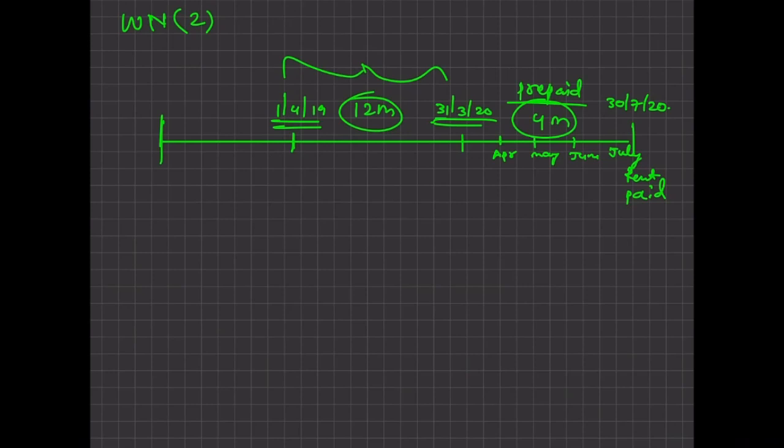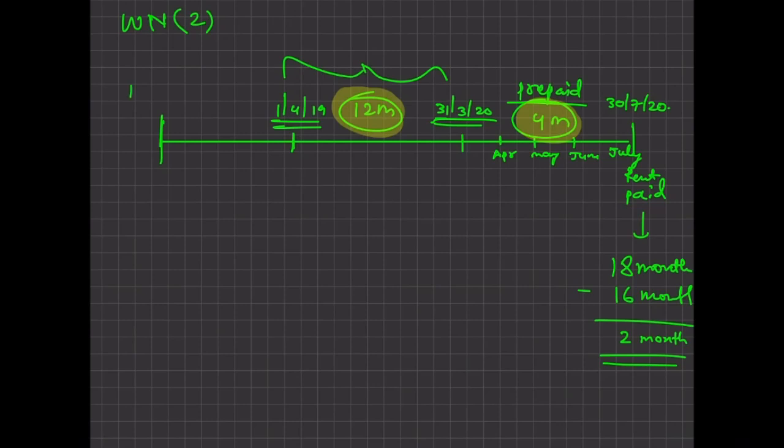And rent is paid for how many months? For 18 months. So how many months are left? 16 months are gone. Sir, how did you calculate 16? 12 from the current year period, 4 from the next year period. So balance 2 months rent was outstanding in opening, which is not paid.